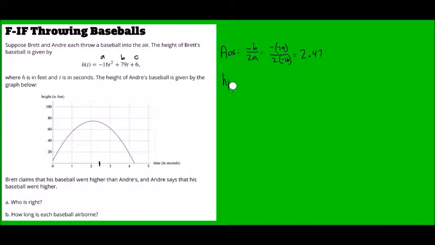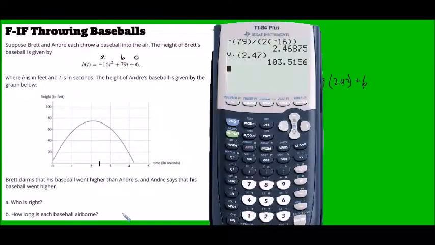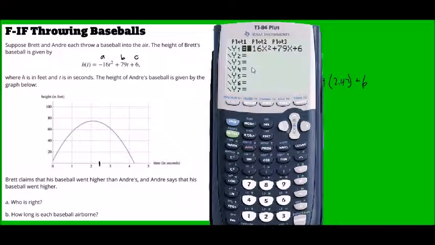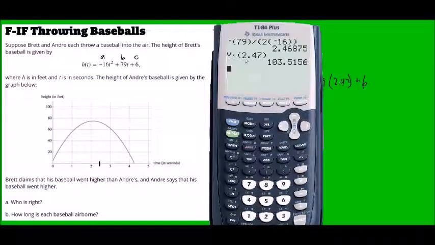Oops. I want to plug in 2.47. We learned a shortcut to this: put my equation in y1 and then plug in 2.47 to that y1 equation.